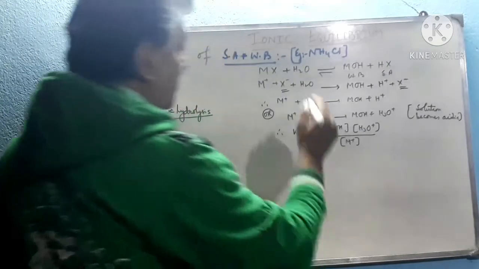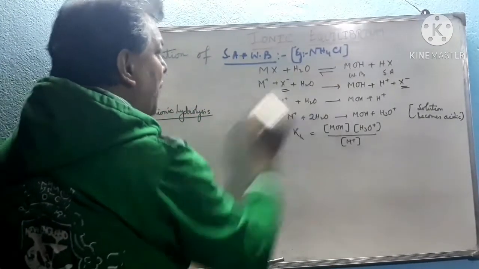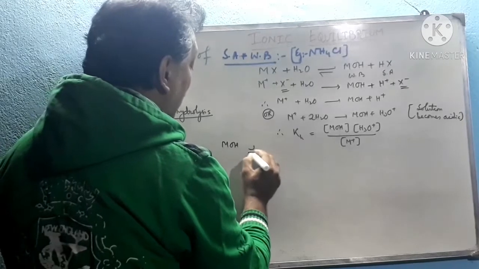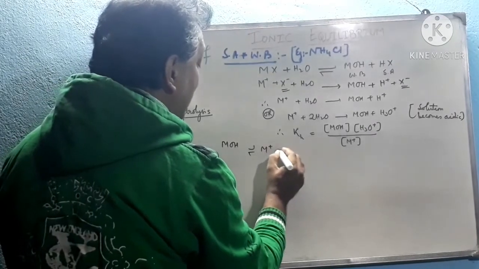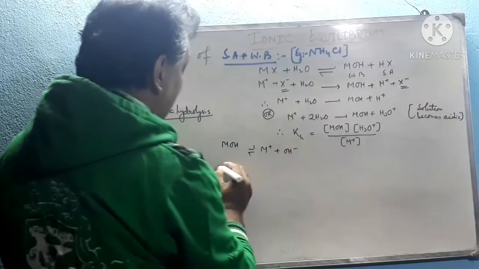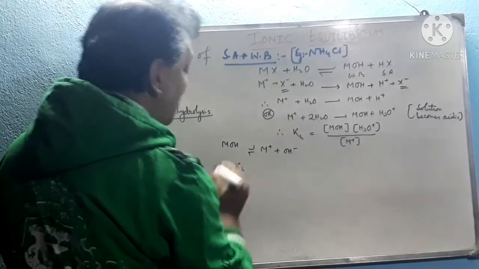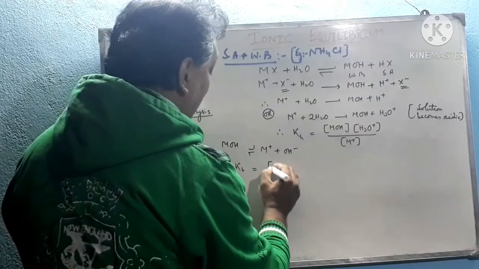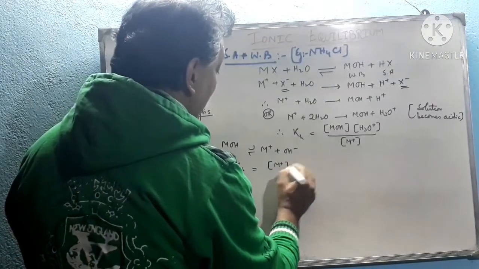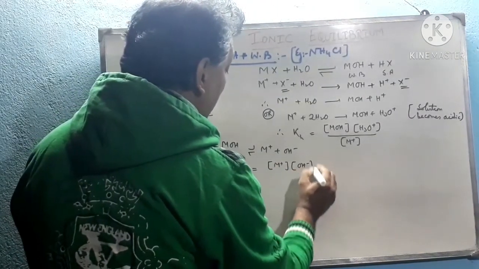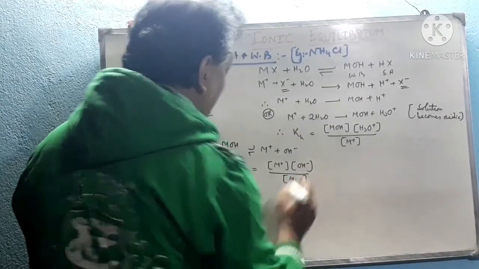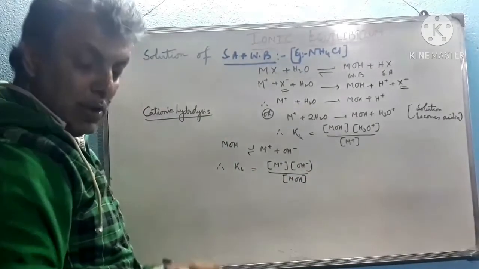Now we know that for a weak base MOH, it ionizes in its solution as M plus and OH minus. Therefore Kb for this basic, alkaline solution, we can write as M plus into OH minus divided by MOH. This is the expression for the Kb for this alkaline solution.